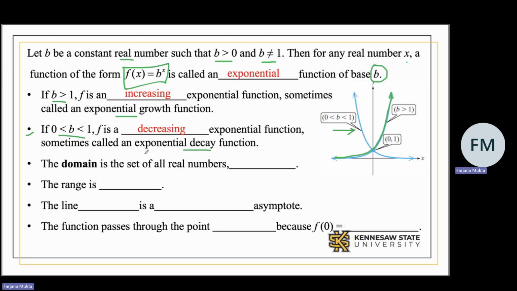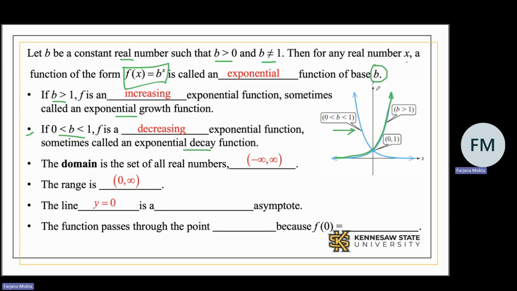The domain for both exponential growth and decay is all real numbers, negative infinity to positive infinity. The range, the y values: as we can clearly see, both graphs are always in the top part of the coordinate system, never getting into the lower part. That means the range is always 0 to positive infinity.